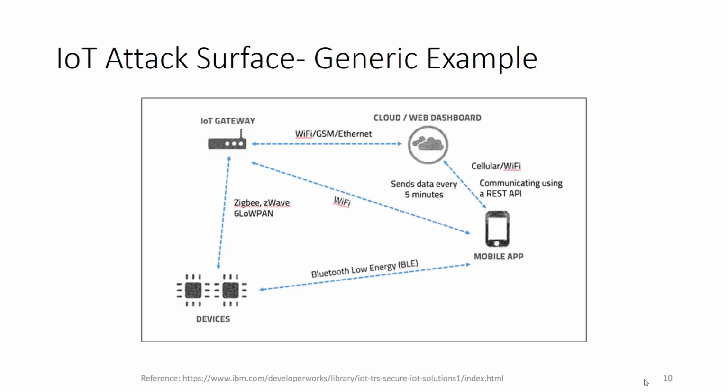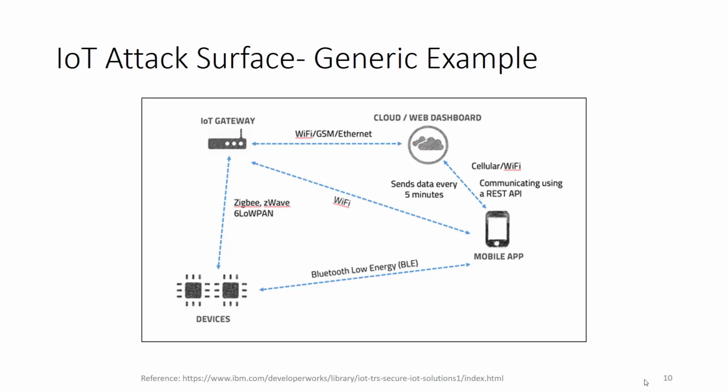So here we have an example of IoT attack surfaces. Basically, there would be some devices, a mobile application, an IoT gateway, and on the back end, a cloud which is collecting the data of IoT devices.